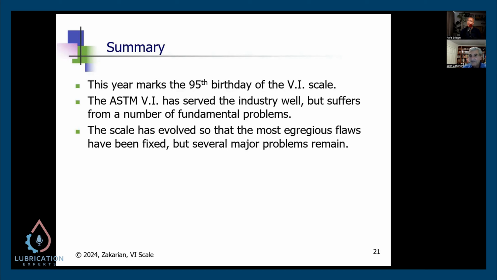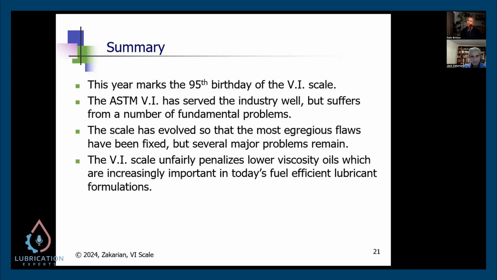The scale has evolved and the most egregious problems have been fixed. The way they were fixed was kind of patchwork, but at least they were fixed, and there are still major problems that remain. And the biggest one is the current scale unfairly penalizes lower vis oils.